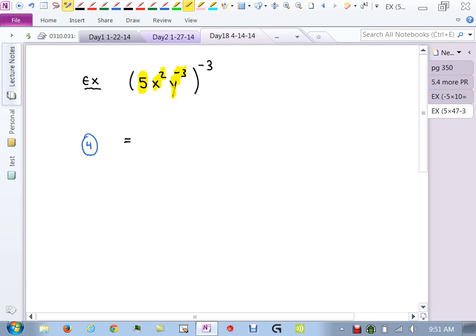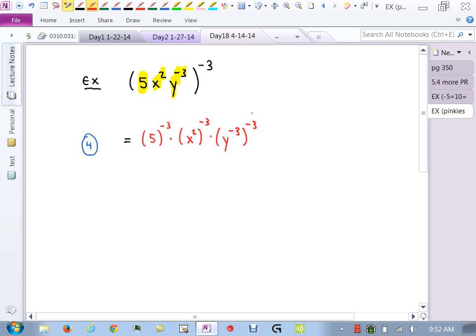So that -3 is going to be applied to each one of those. I will have my 5 raised to the -3, my x squared raised to the -3, and then my y to the -3 raised to the -3. Do y'all see that property in action there?